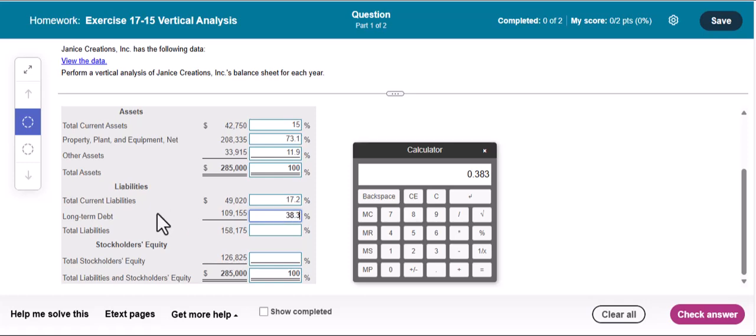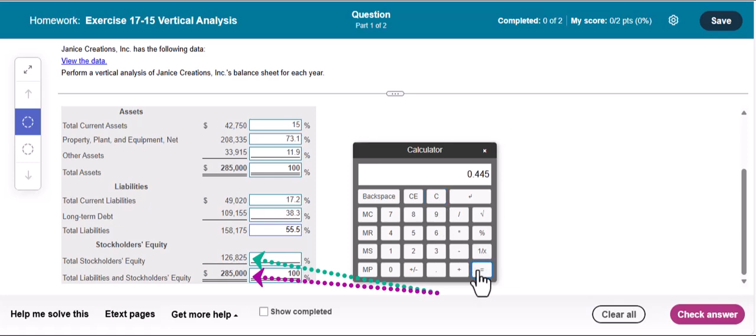And then when we add these up, we can either do the calculation or add these through. It is 55.5% for the total liabilities. And then for total stockholders' equity, if you want to do this one from the actual numbers given to us, we can take 126,825 for the equity and then divide it by 285,000.